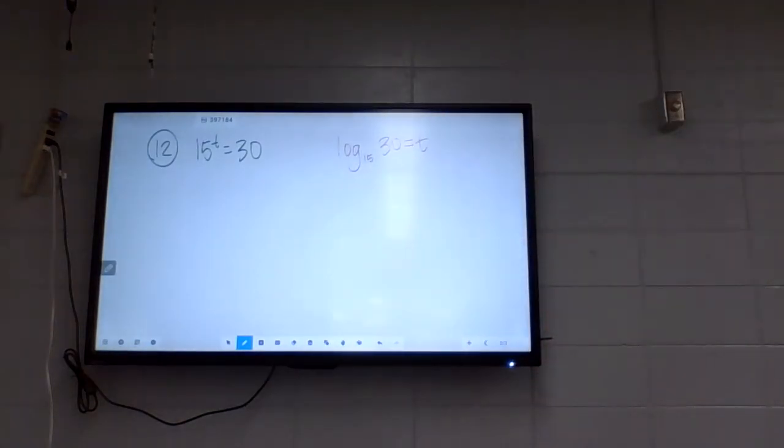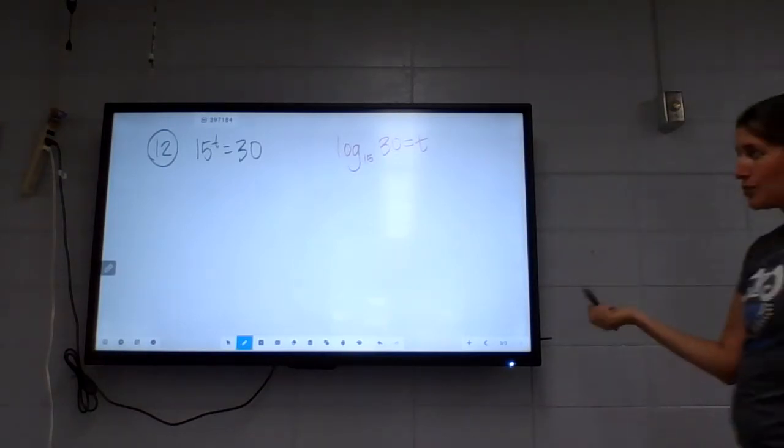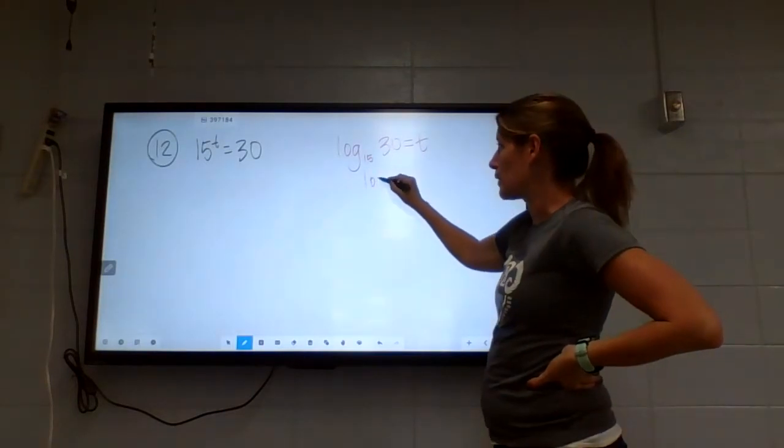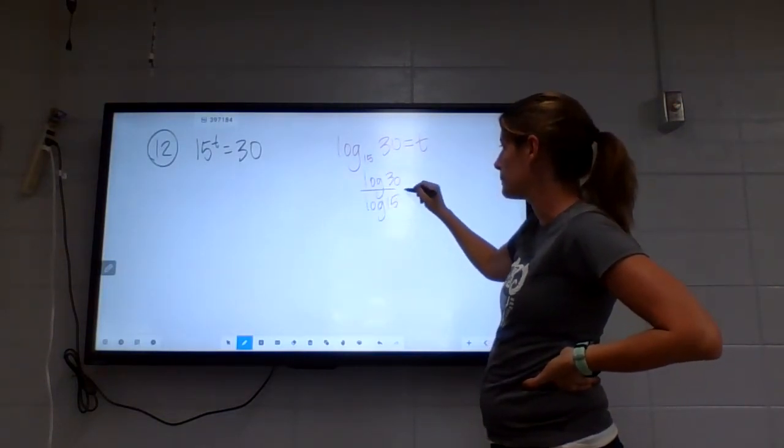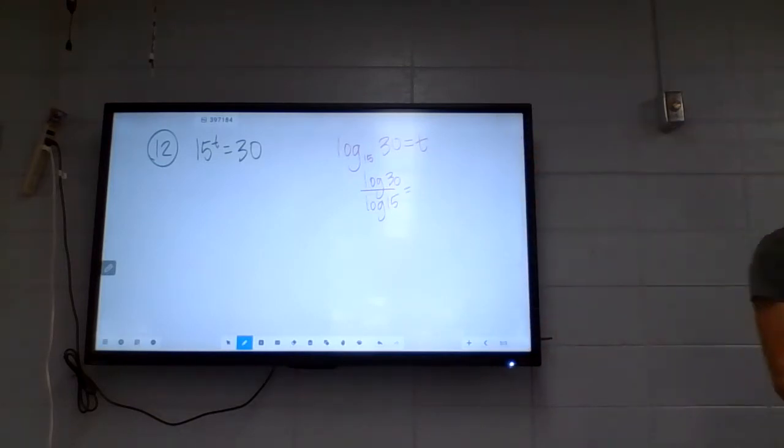Anytime I don't know the exponent, logs is a really easy way to solve it and get an exact answer. So what I do now is I just do my change of base formula. Log of 30 over log of 15. And that'll give you your outcome, which should be, what's that?